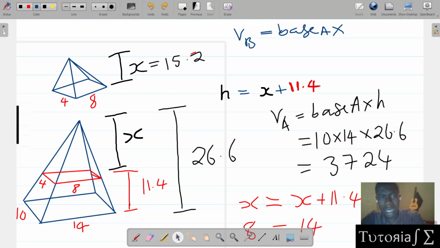So this is equal to 4 times 8 times the height, which is 15.2.